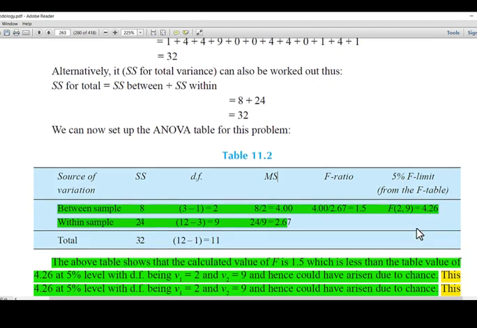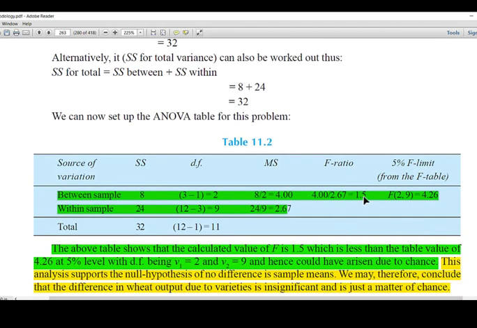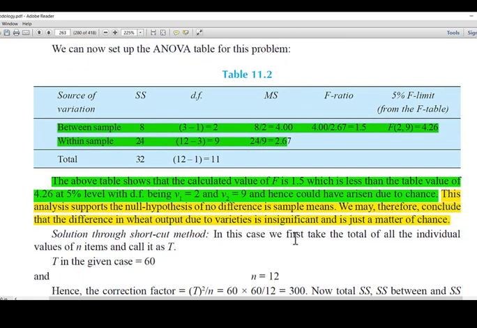Now we compare the calculated value of F with this table value. The calculated value 1.5 is much less than the table value of 4.26 at 5% level, with degrees of freedom V1 equal to 2 and V2 equal to 9, and hence could have arisen due to chance only.